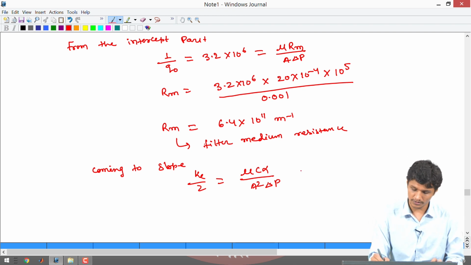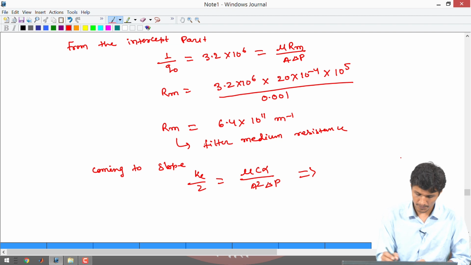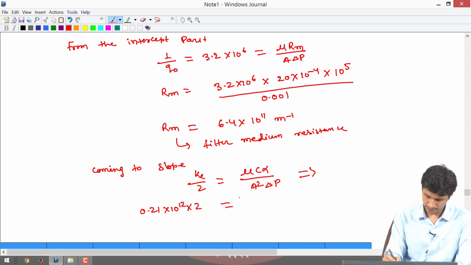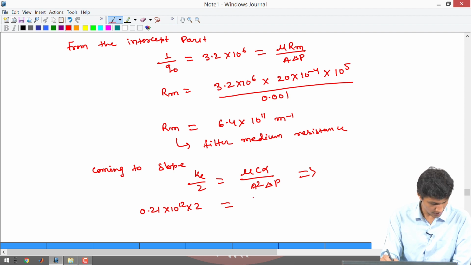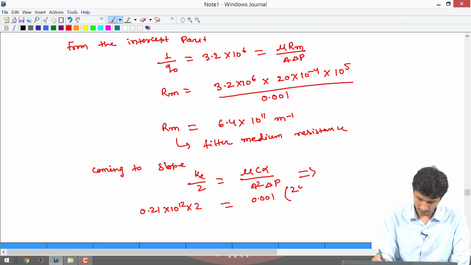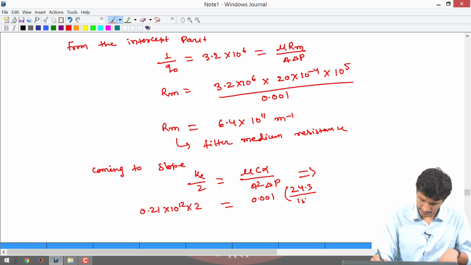The slope we have got from the graph is 0.21 into 10 raised to power 12, equal to mu 0.001 into c into alpha divided by 2 into area square. The mass of the cake is given as 24.3 and the volume of the filtrate is given, from which we can get the concentration c.